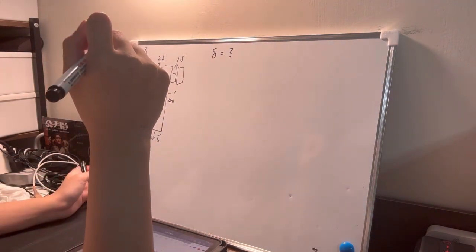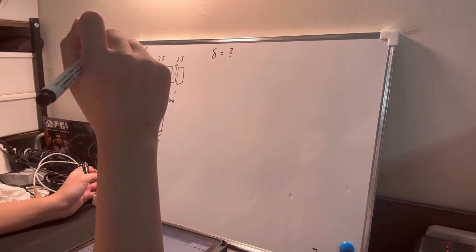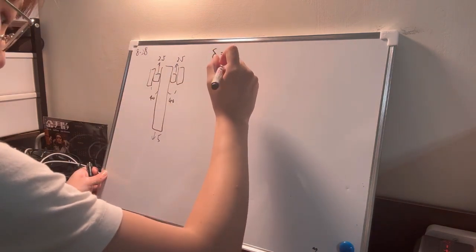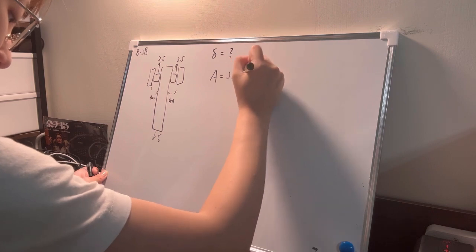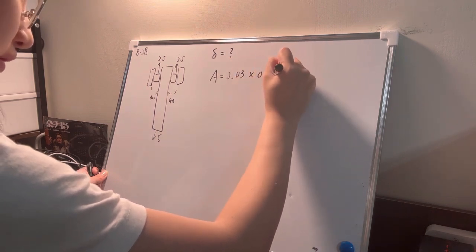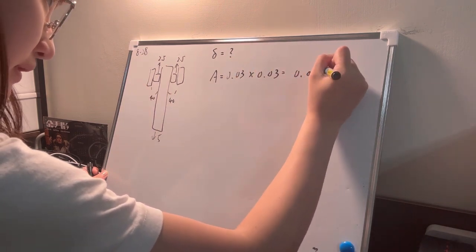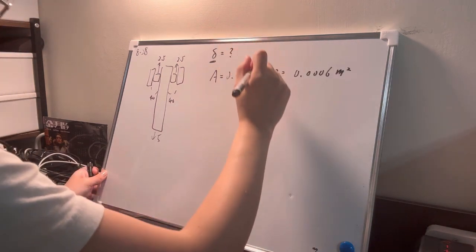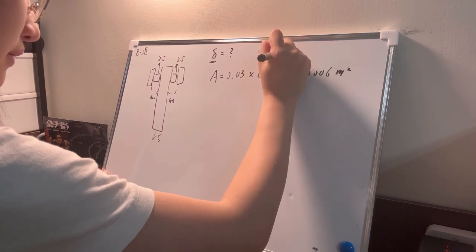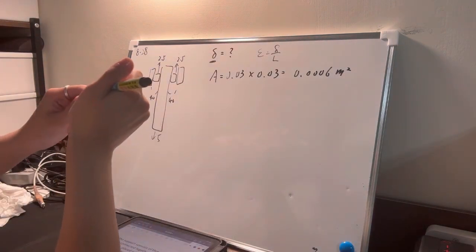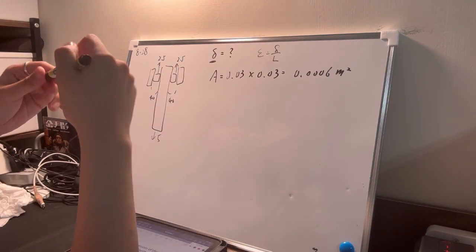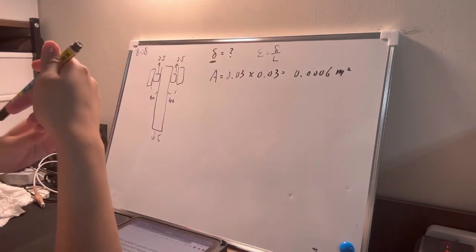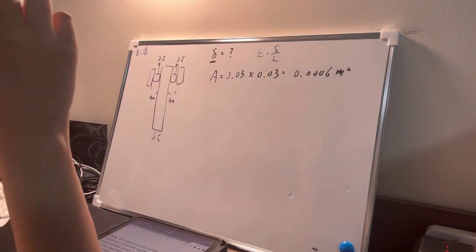And the detail we can know is like A is times this. So the area will be like this. Because if we need this, we have to use this function. And we don't know this one. And this one is easy.